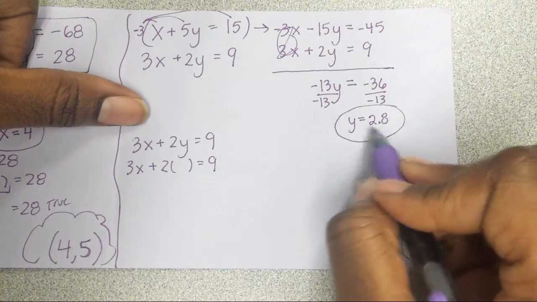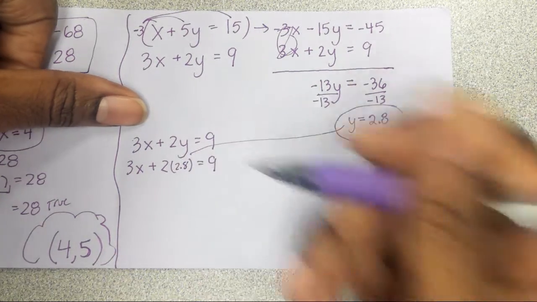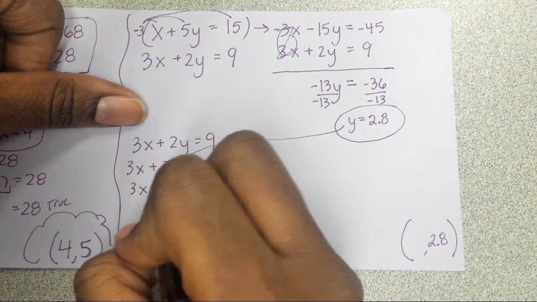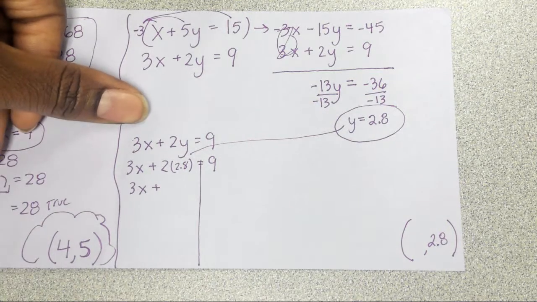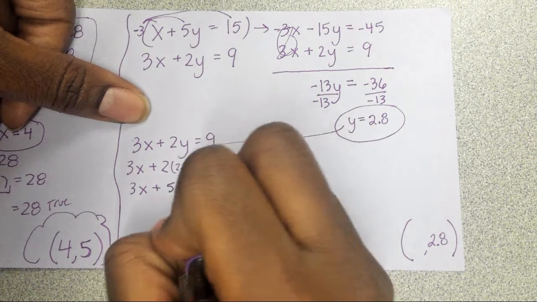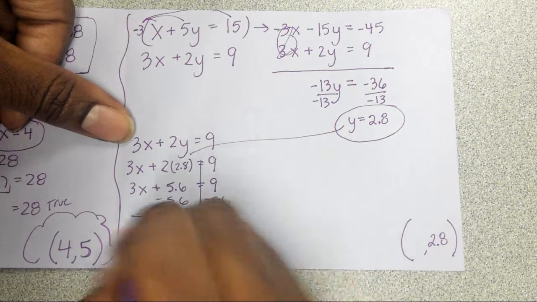So in the y spot, I'm plugging in 2.8. So I have 3x plus 2 times 2.8, which is 5.6, equals 9. Then I'm subtracting 5.6 from both sides.